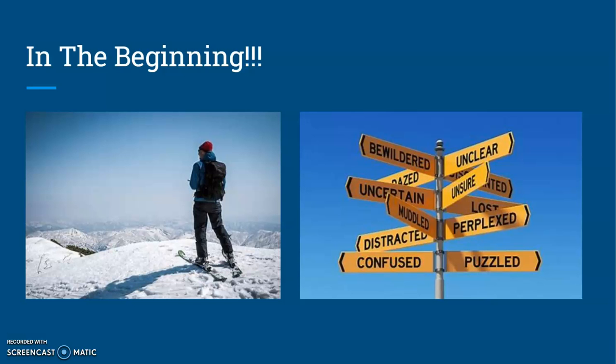So in the beginning, none of this made sense to me. I felt like I was a novice skier and I was accidentally dropped off at the top of the hardest course possible. I had no idea what direction I was going and had all these crazy emotions. I was unclear, bewildered, distracted, puzzled, confused, and just lost.